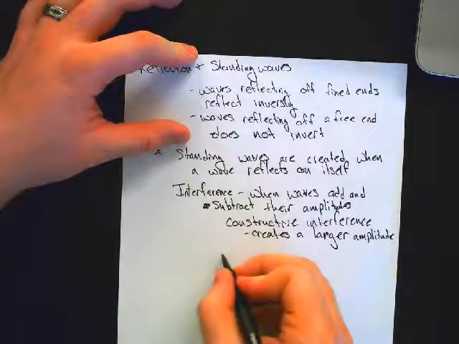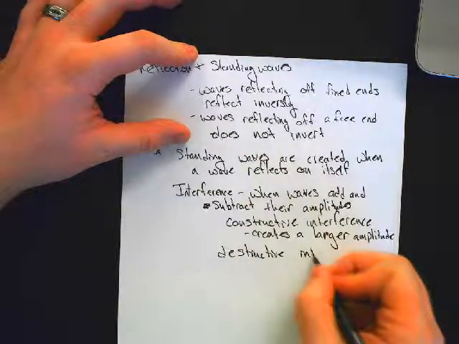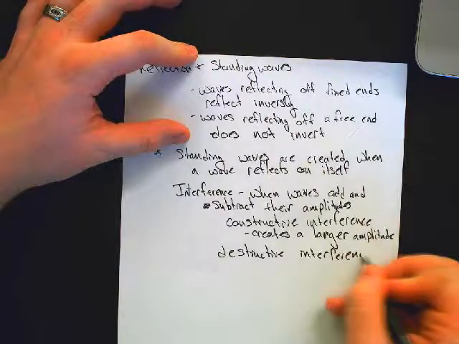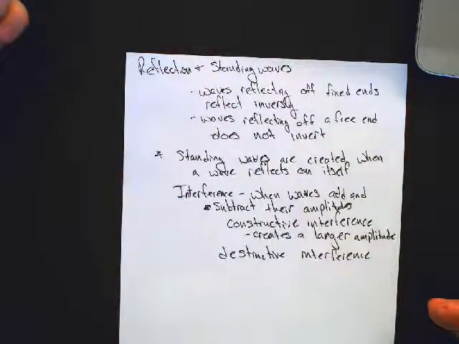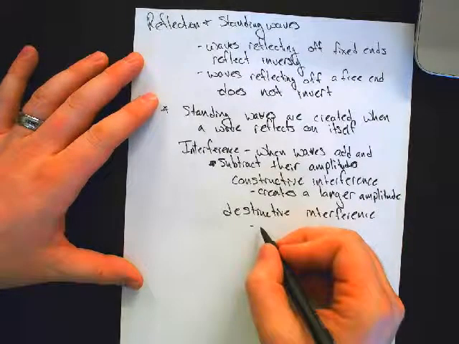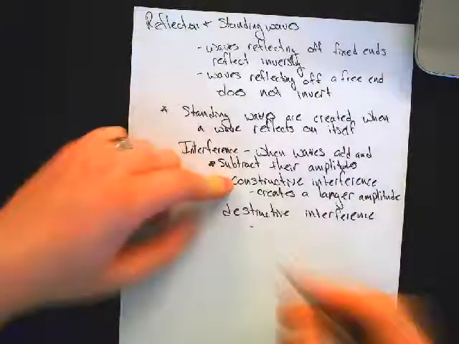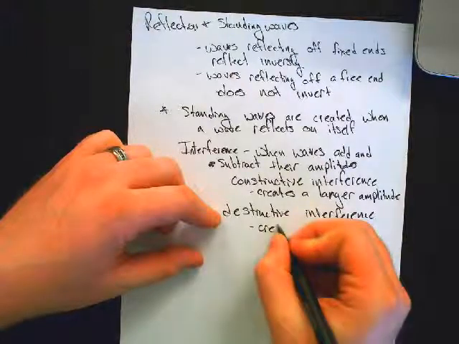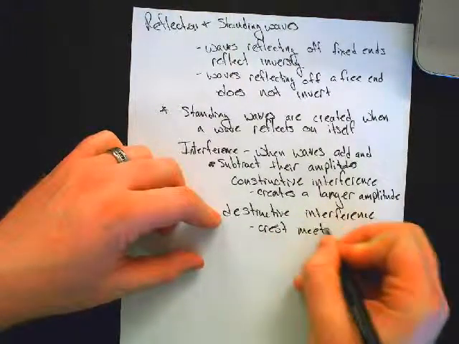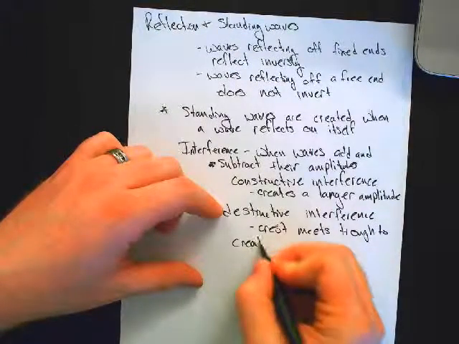And we also have destructive interference, in which crest meets trough, and the two effectively subtract from each other, creating smaller amplitudes. Crest meets crest or trough meets trough? Yeah, both would work for constructive. So destructive interference is crest meets trough to create smaller amplitudes.